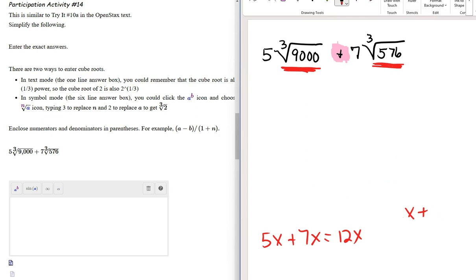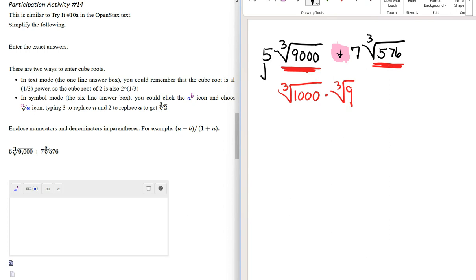I erased my list of perfect cubes. Sorry about that. But I do remember 1,000. 9,000 would be the cube root of 1,000 times the cube root of 9. And then this 5, he's just hanging around out there, so he's still there.